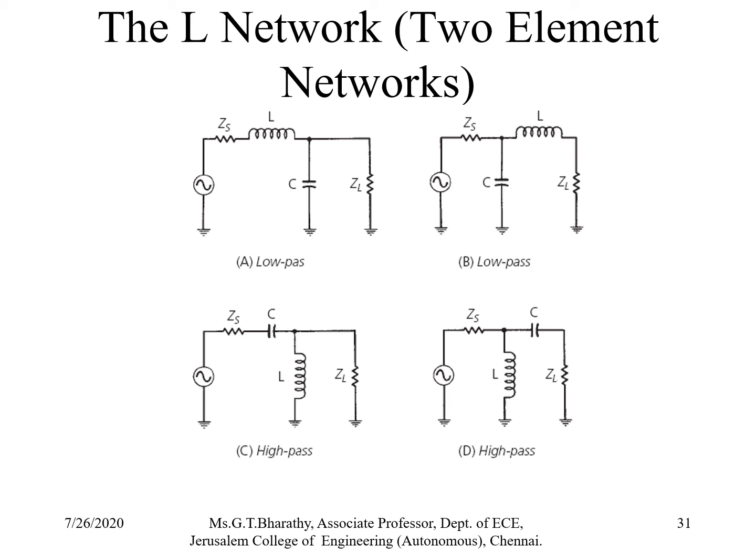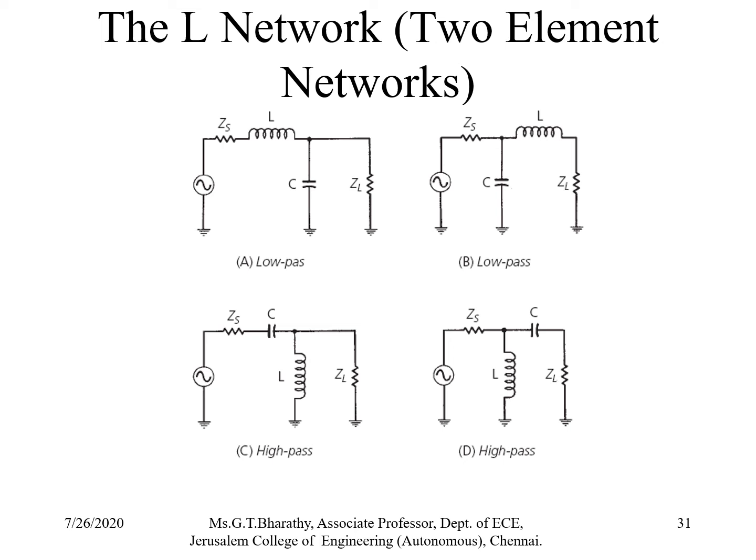L-type network here indicates we are going to connect two different elements in the form of L. Can you see this L and C is forming an L, and this also is forming an L. This is again forming an L, and this is again forming an L. So an impedance matching network in the form of L we call an L-type network. And why is it called two element?